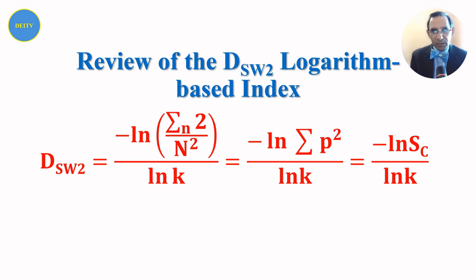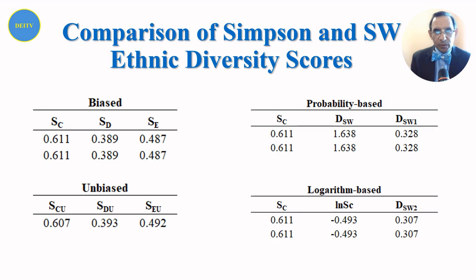Also, the application of the indices cover the probability-based standardized index and also the logarithm-based standardized index. Briefly, the Simpson biased and unbiased concentration scores, diversity scores, and also the concentration scores are compared to the probability and logarithm-based Smith and Wilson scores.